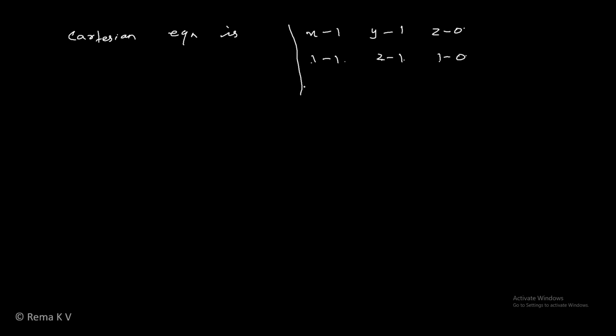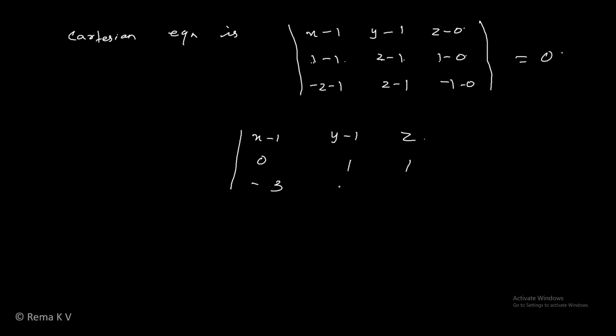And then the third row is minus 2 minus 1, then 2 minus 1, then it is minus 1 minus 0. This is equal to 0. This gives the Cartesian equation. So you can simplify this determinant: x minus 1, y minus 1, z; 1 minus 1 is 0, 2 minus 1 is 1, here it is 1; then minus 3, 1, minus 1 equal to 0.